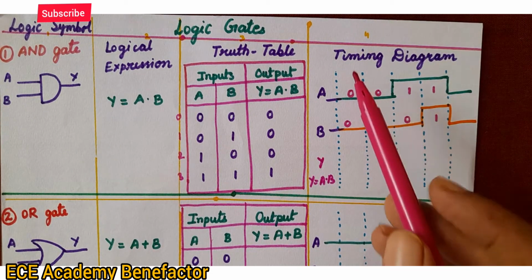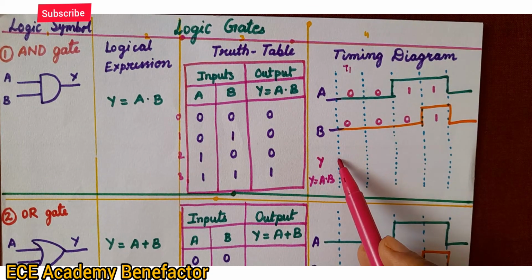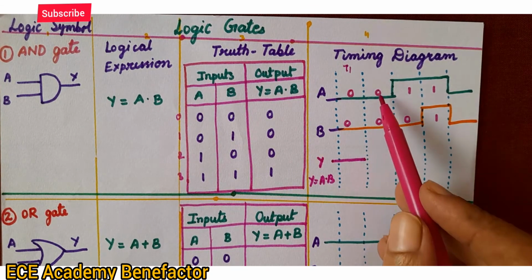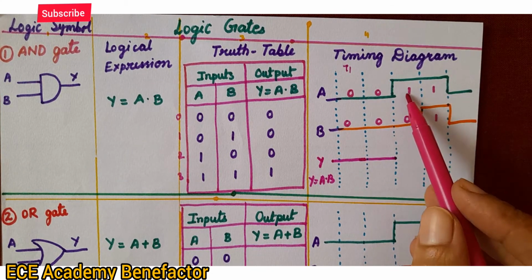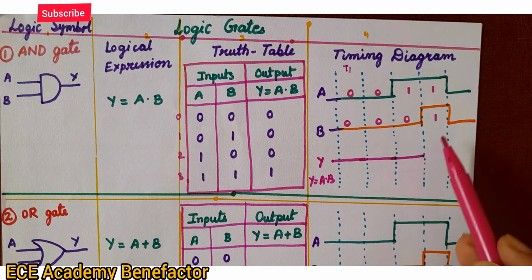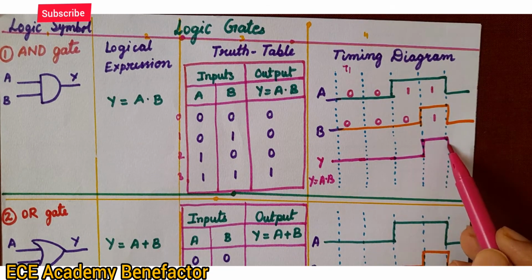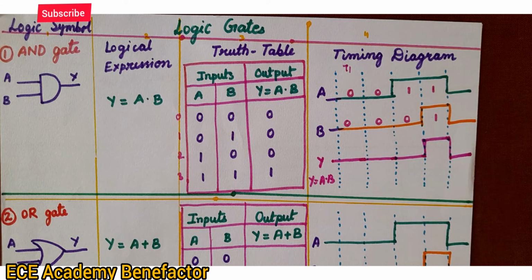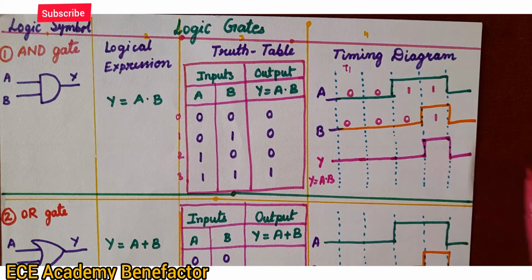So in the T1 cycle it is 0.0, which is 0; 0.0 will again be 0; 1.0 will be 0; 1.1 is 1. The output waveform for Y will come in this way.